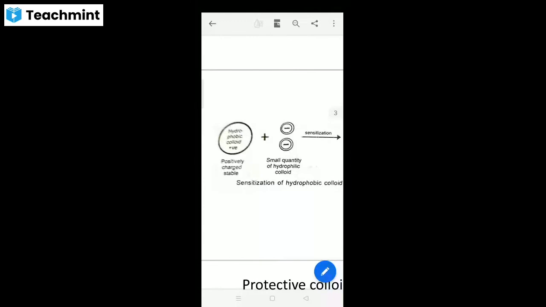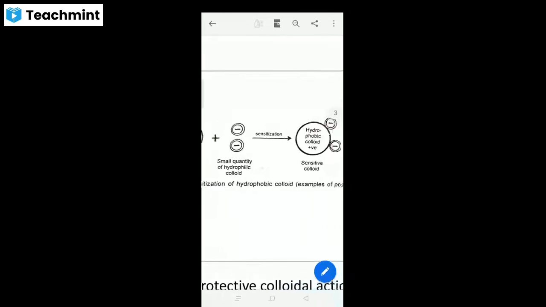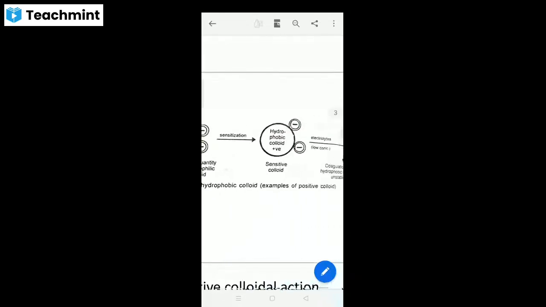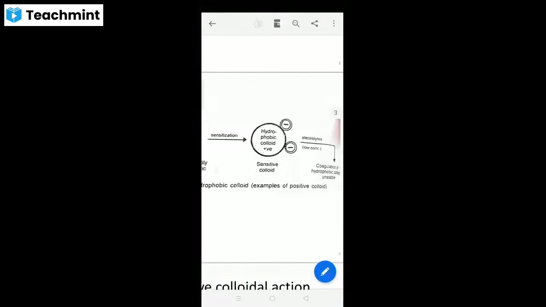So now, to continue with this discussion, we are adding a small quantity of hydrophilic colloid. Sensitization is there. What is happening due to that sensitization? How sensitive that hydrophobic particle is towards the hydrophilic particle, that is called sensitization in this case.